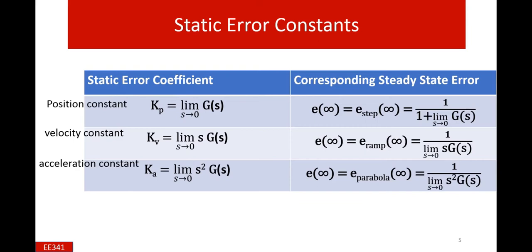And similarly the acceleration constant is defined as s squared times the open loop transfer function at s equal to 0, and the corresponding steady state error is equal to 1 over the constant when there is a parabolic input.